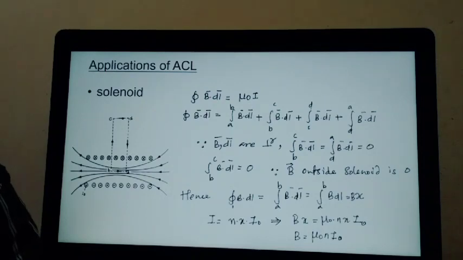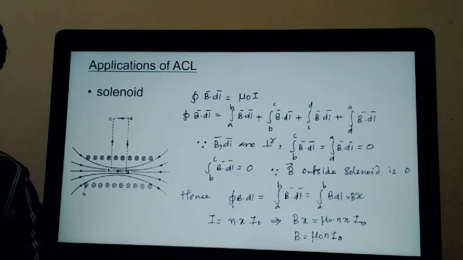Remember, outside the solenoid there is no magnetic field, and the magnetic field is acting along the axis of the solenoid, and it is given by B is equal to mu 0 n I0. That is the magnetic field intensity due to a current carrying solenoid. Next we can go for the magnetic field due to a toroid.